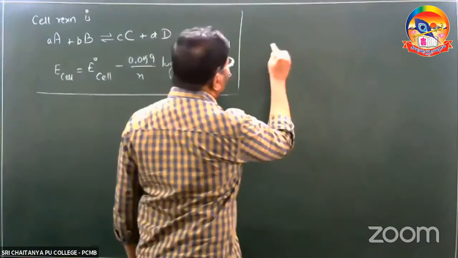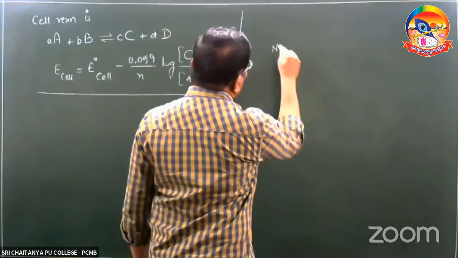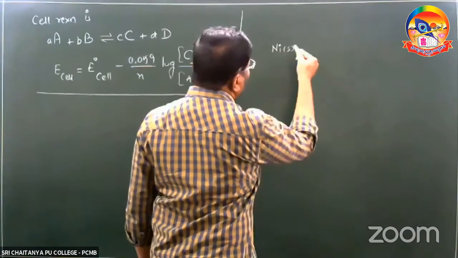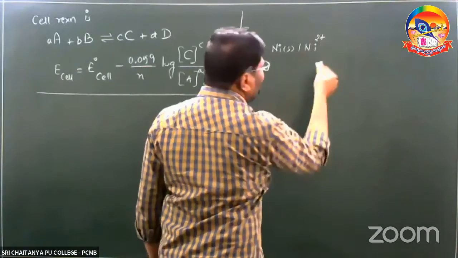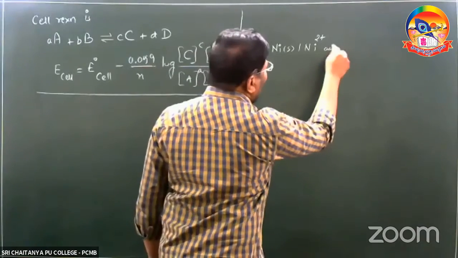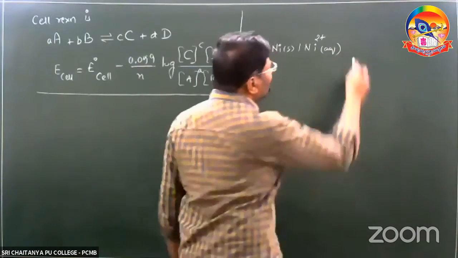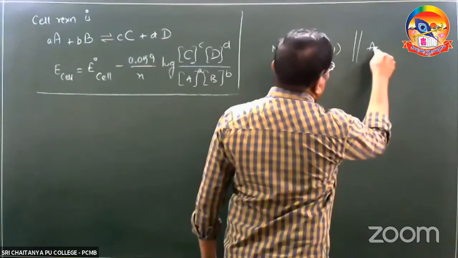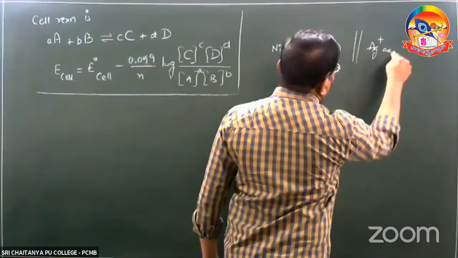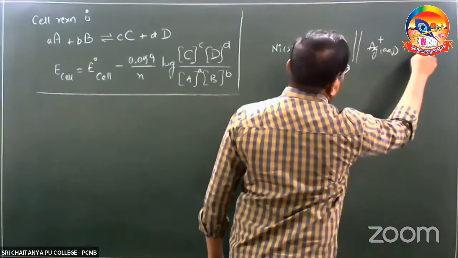Suppose Ni solid, then Ni2 plus aqueous, then next one, Ag plus aqueous, Ag solid.